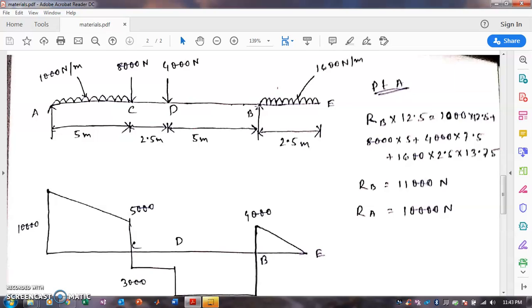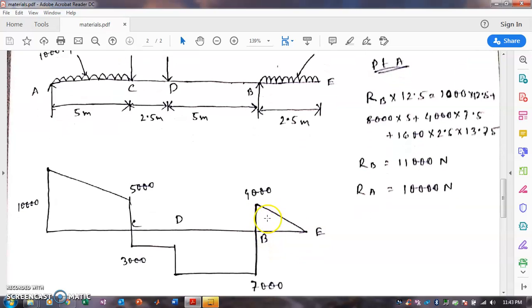Okay. So now what will be the shear force? By following the same procedure, taking a point X moving from E to B, at B the shear force will be like a UDL in a cantilever, a triangle, and it is positive.